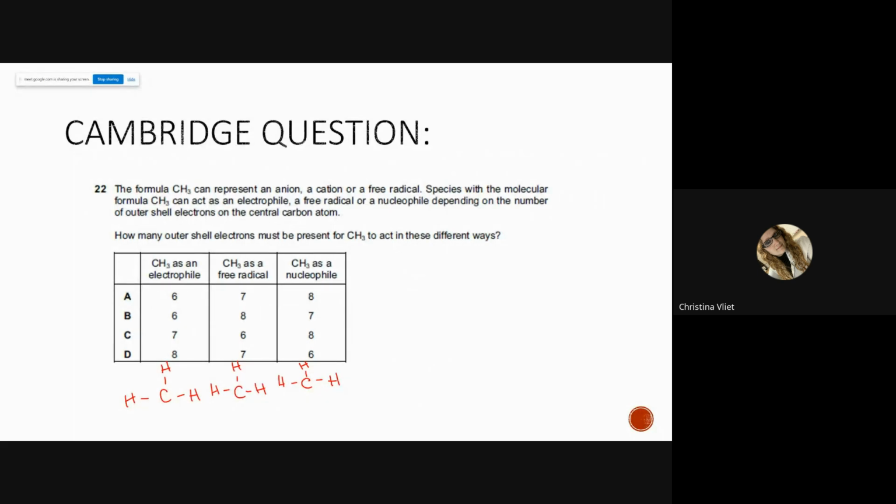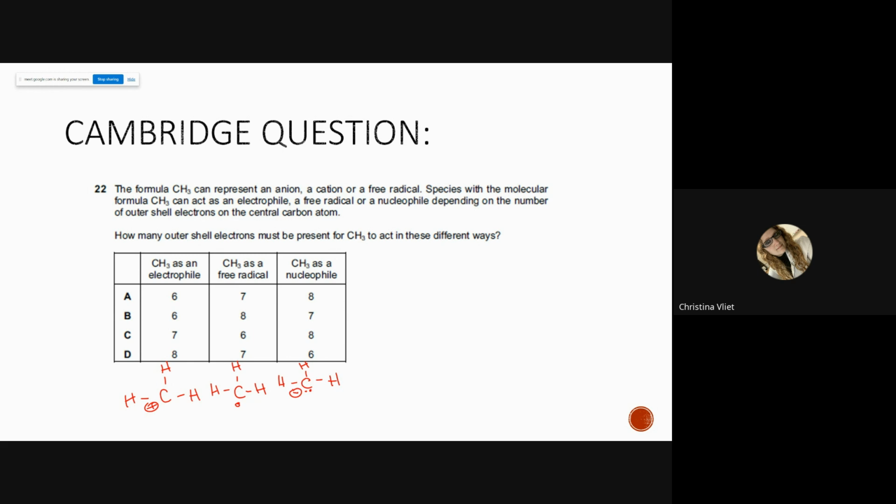In the electrophile, what do you remember the charge is? In a nucleophile, what would that mean the charge is? It's got a negative charge. So it's that 2, right? What about free radical? What do we know that a free radical has? A single electron, right? So how many valence electrons would the electrophile have?